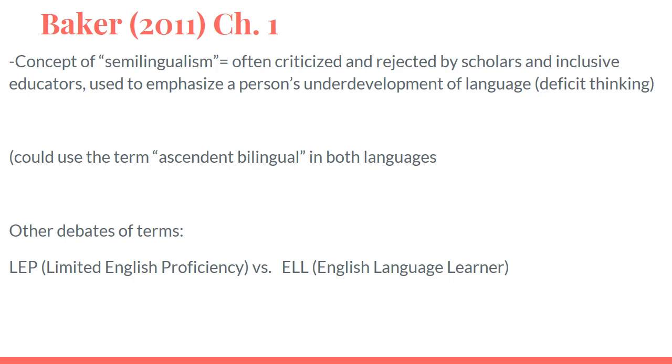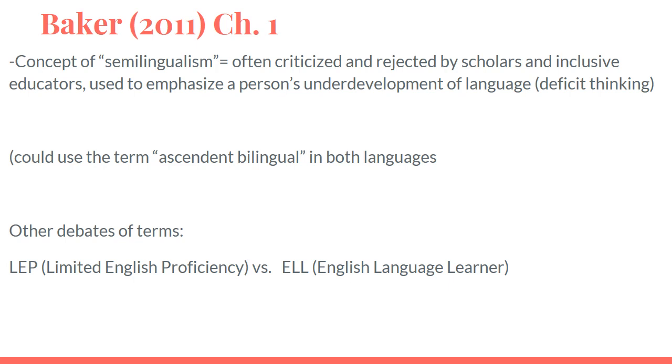And with the ascendant bilingual term, it's a very positive, optimistic, glass half full mindset where it's a growth mindset in that students are being recognized for their progress and their improvement and growth in learning their second language.